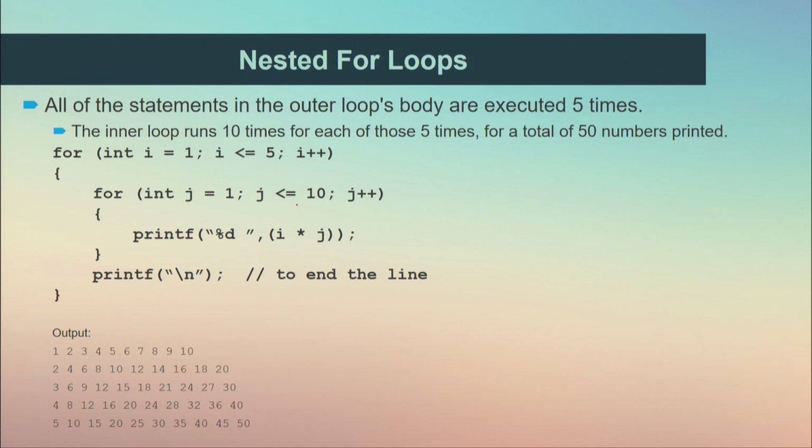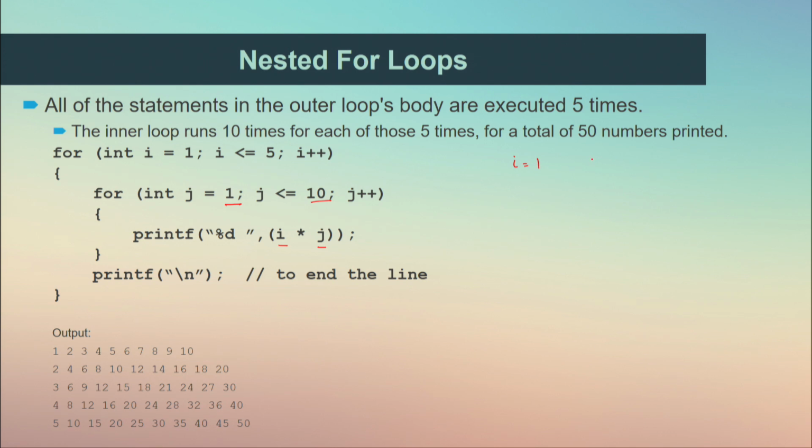Now, here we can see that the inner loop runs from 1 to 10 and it displays the value i into j. So, for the first iteration the value of j will be 1 and the value of i will also be 1. For the first iteration I take the i value to be 1, the outer loop's value.